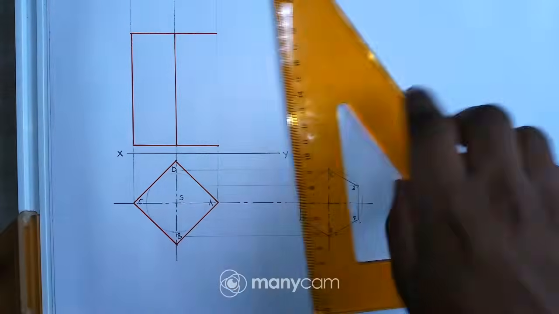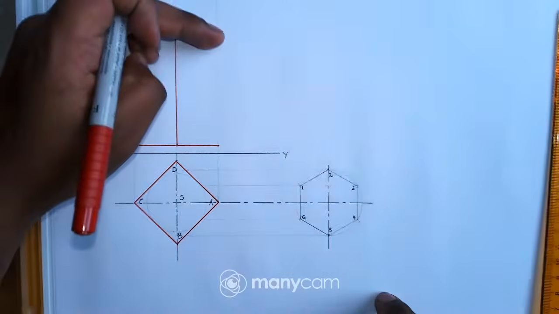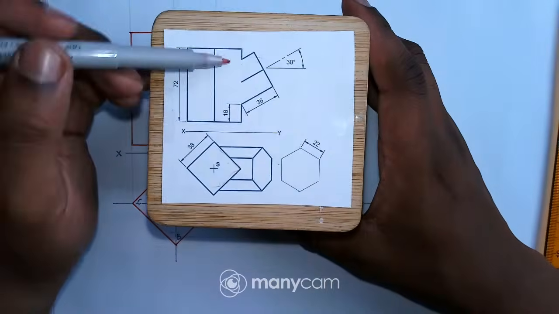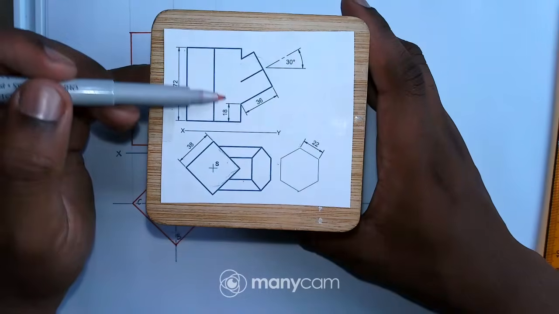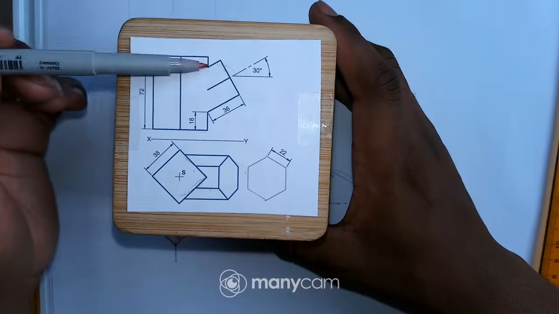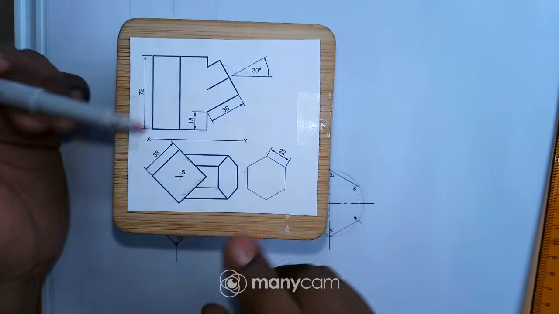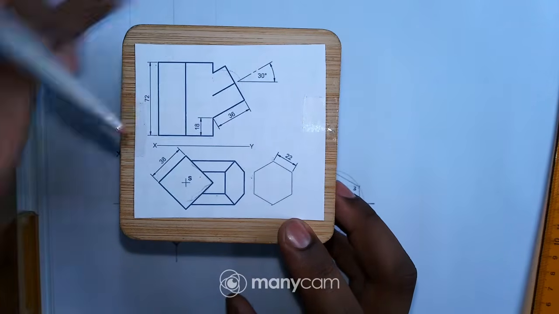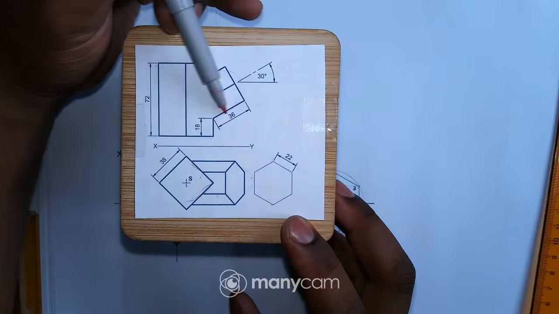Okay, but now I can't draw this line in because remember I have to draw the curve of interpenetration, right? So now I have this section. Now I'll have to try and come up with this branch part, right? So we are given that from the base to that point is 18, and then from this point going up it's 36.